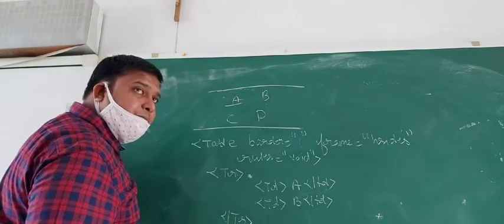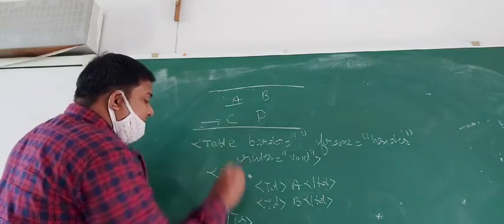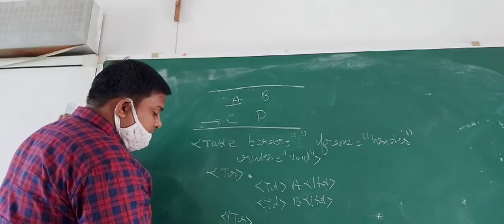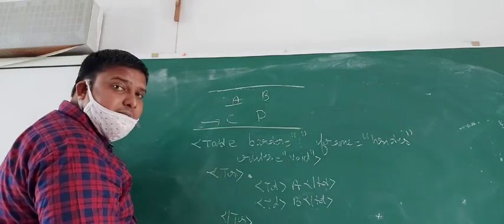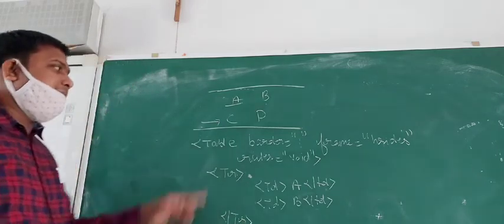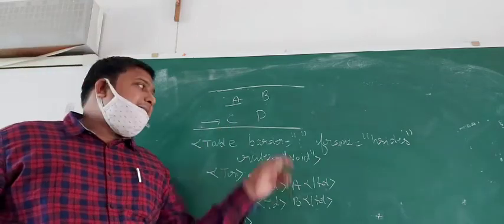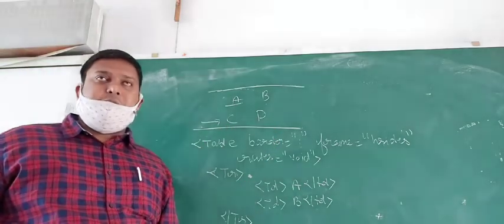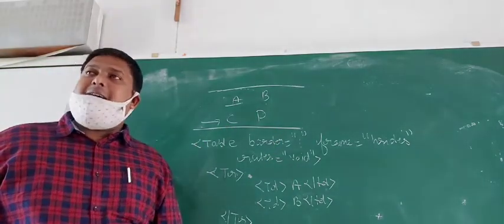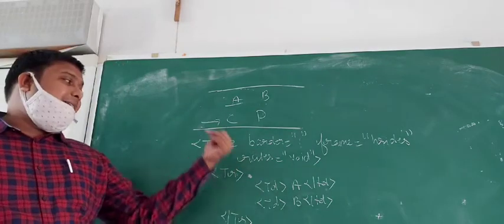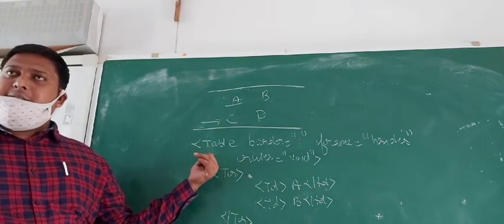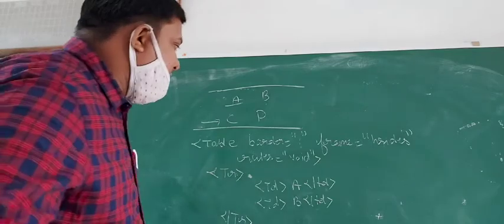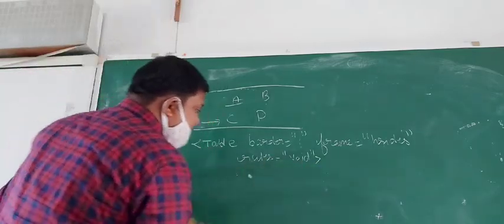TR. Is it clear? Again for the next row what I will do? And then again TD, C, TD closed, TD, D, TD. Is it clear? And then finally TR closed, and then finally table closed. Is it clear?